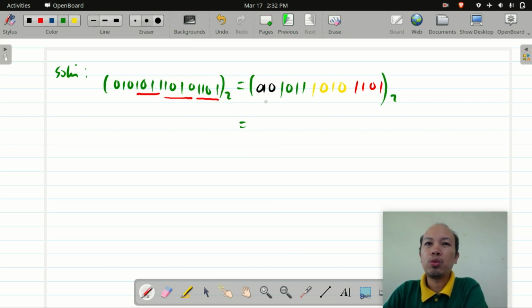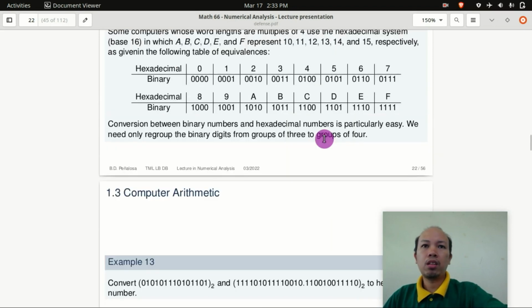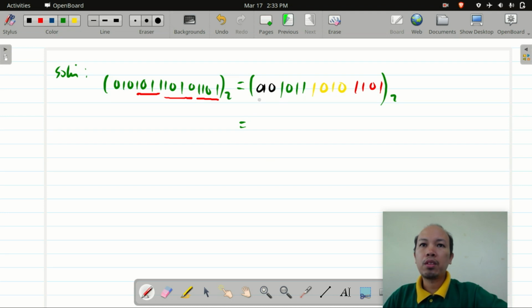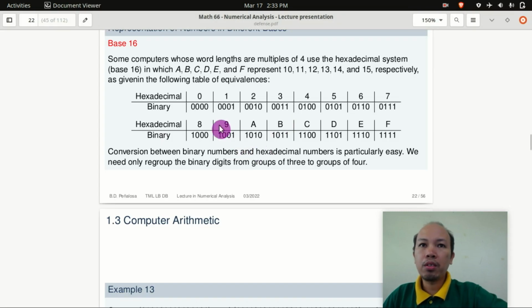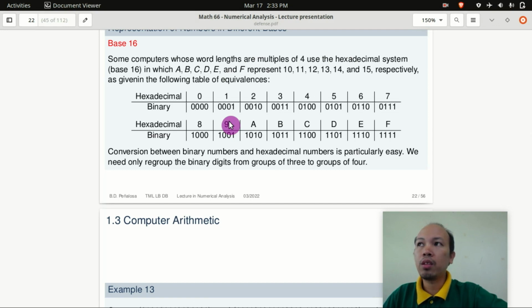So what is 0 0 1 0? Let's look at the table. 0010, so we have 2 here.